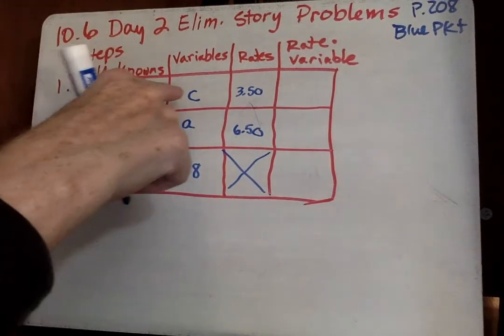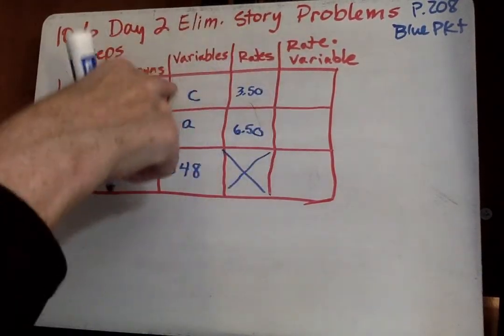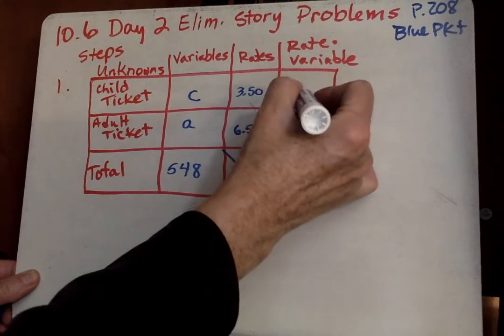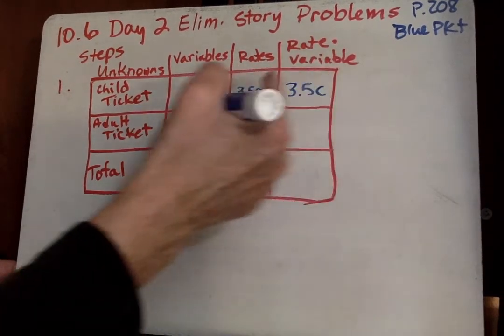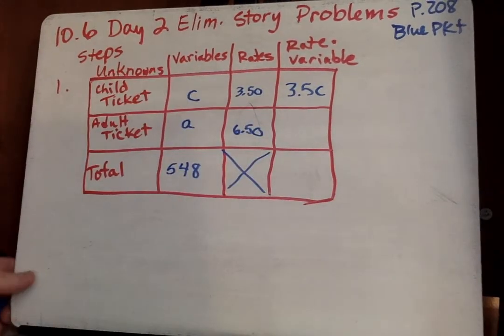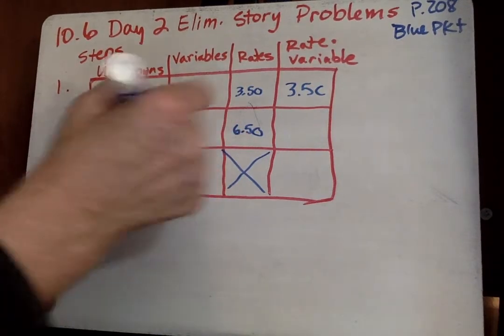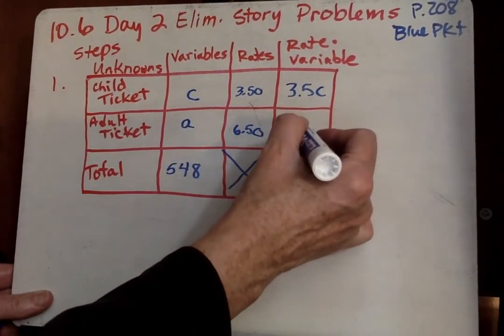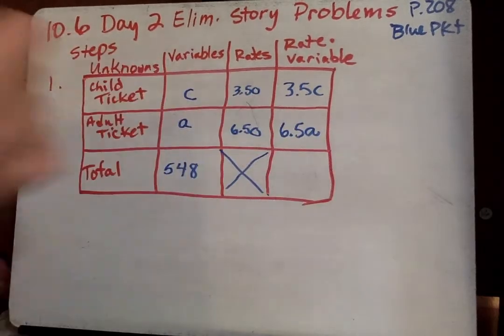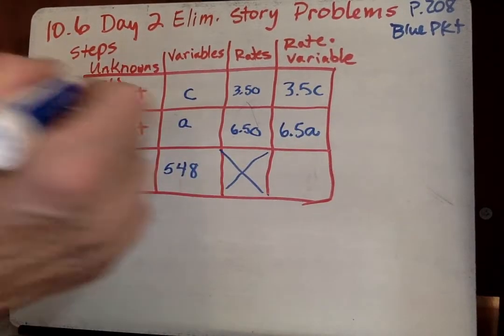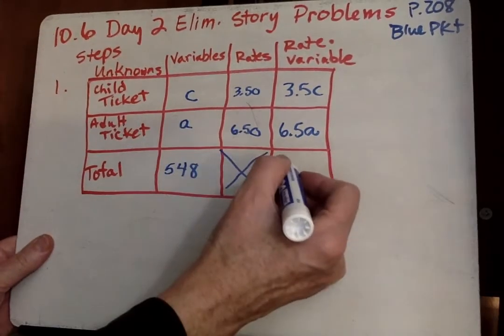So now we're going to multiply across, so the rate times the variable, 3.5c. And I'm going to get rid of that 0. You don't need it when you're doing the equation. And then we have 6.5a. And we know the total in money was $28.81.